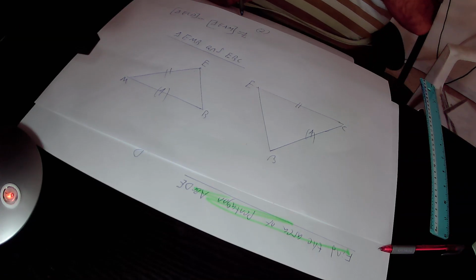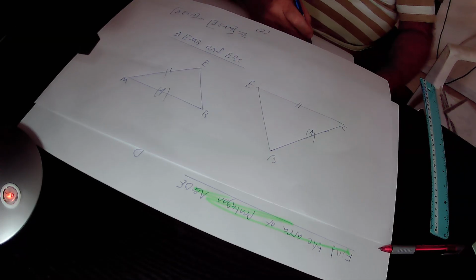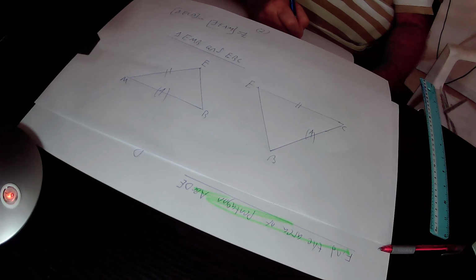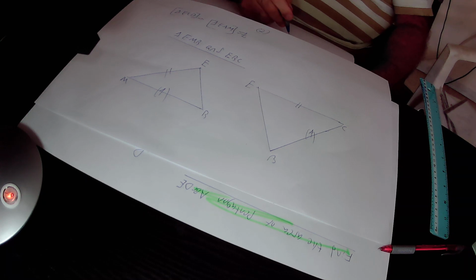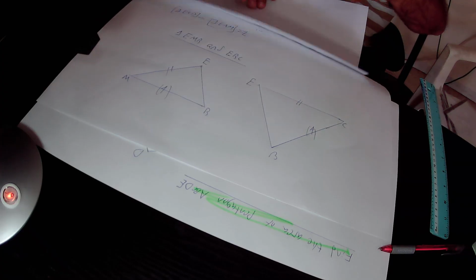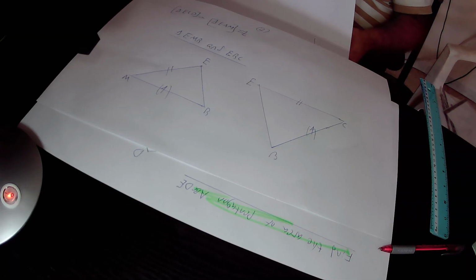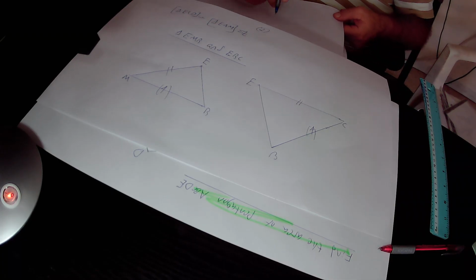And finally, EB is a common side that belongs to both triangles. So we can write down that EB equals itself, a common side that belongs to both triangles. So we found out that all three sides of this triangle EMB are correspondingly equal to all three sides of this right triangle EBC, and therefore those two right triangles are congruent according to the side-side-side rule. So let's go on.